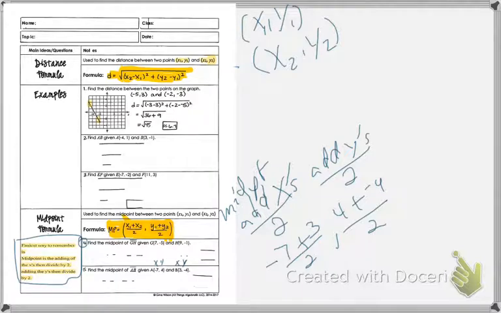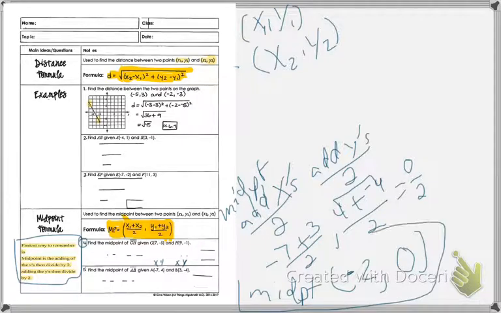So -7 and -3 gives you -10 divided by 2. So the midpoint x is going to be -2. If I add these two together, these contradict each other, so I will get 0 over 2, which is just 0. So my midpoint is -2, 0.